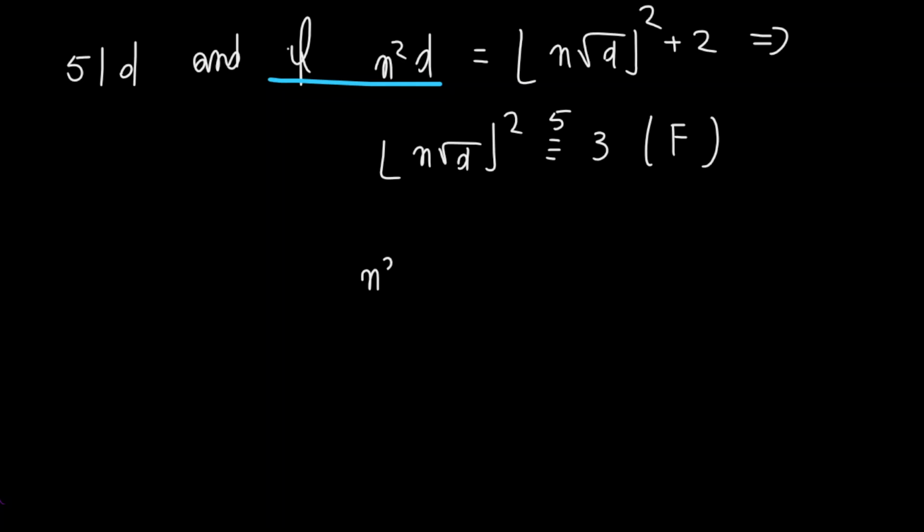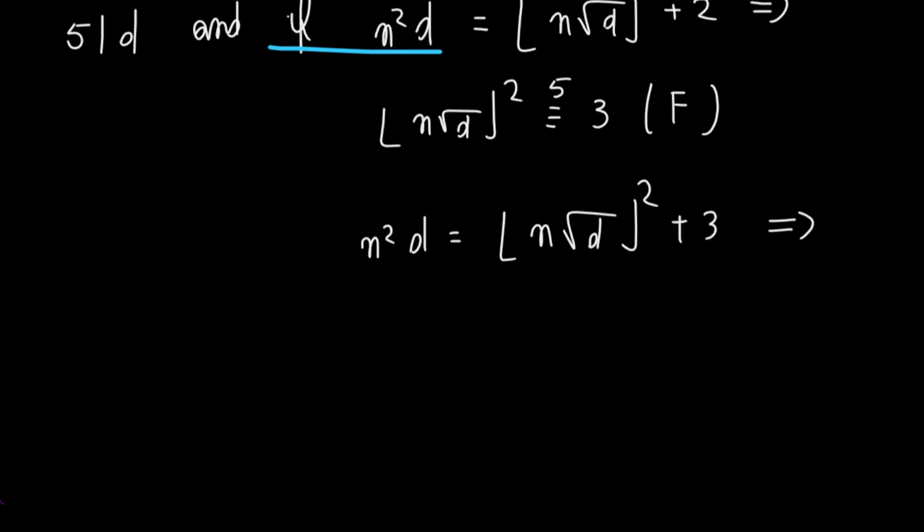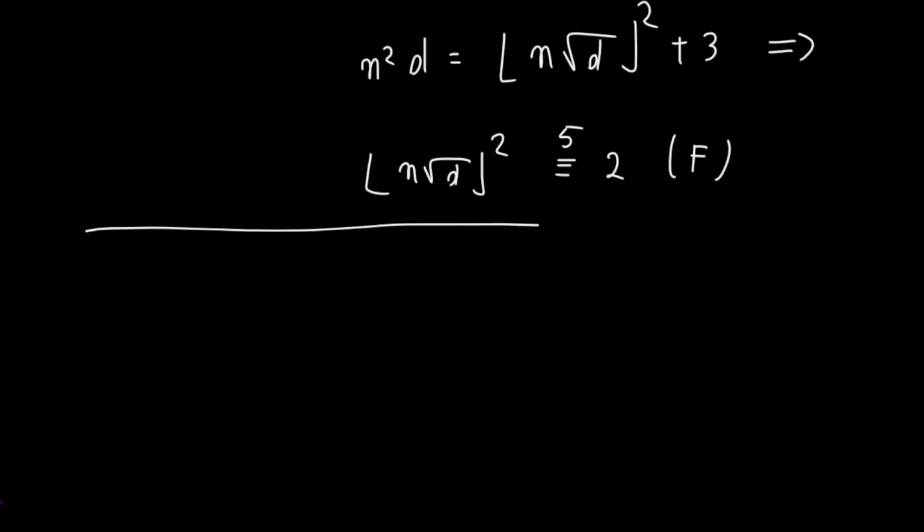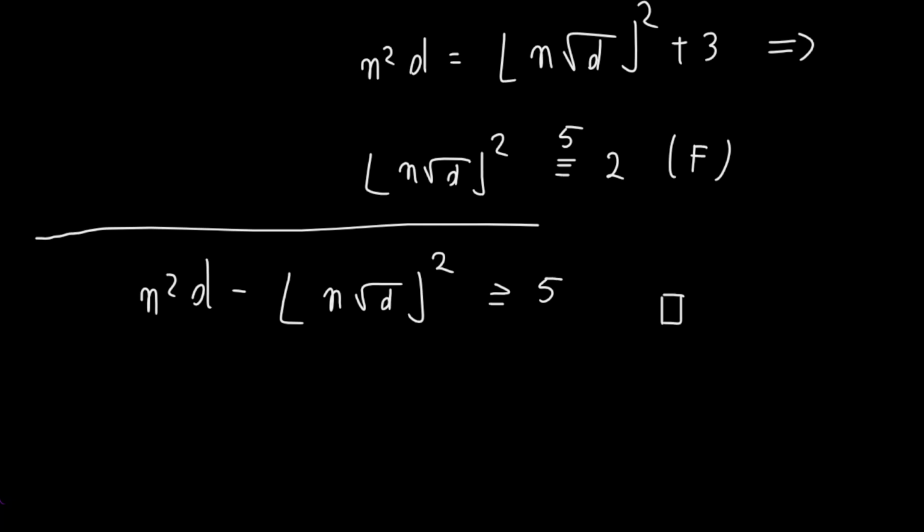And if n squared d is the floor function, it results that this number is congruent with 2 modulo 5. Again false, because we don't have a square giving the residue 2 or 3 modulo 5. So right now, with our choice, n squared d minus the floor function cannot be 0, 1, 2, 3, 4, so it's at least 5. And right now we're done.